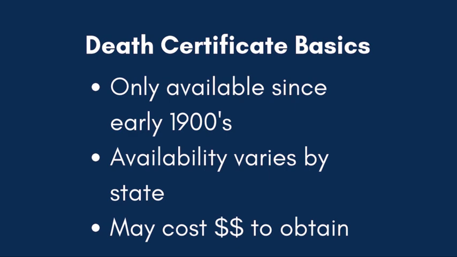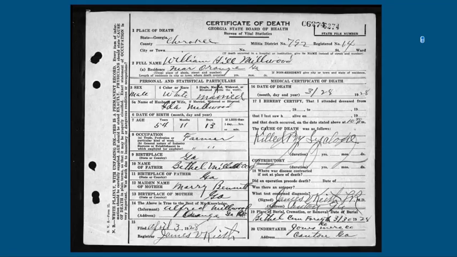So getting a death certificate can be as easy as doing an online search, or it can be as difficult as proving your identity. And that's where this last bullet point comes in: it may cost money to obtain. You may have to buy a subscription to something like Ancestry, or you may have to go through a service like Vital Check or through your county and send in a check to get a death certificate. So they are not always freely available.